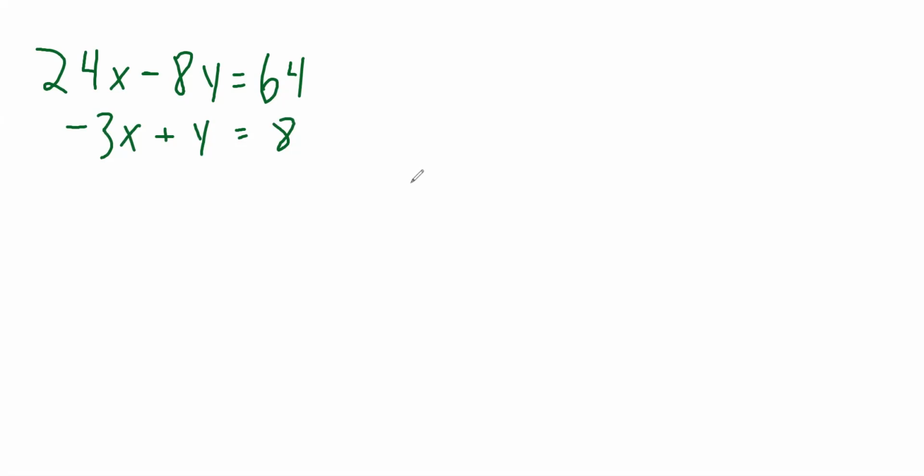So what we can do, you could try solving this with substitution if that's your fancy. Let's just try elimination, just because elimination is usually the preferred way to do it. Elimination has a lot of wonderful properties about it. If we were to do elimination, maybe we can pick x to be the variable we eliminate. So maybe if we multiply this second equation by 8, you'll see that you'll get -24x, which means you can add it and the x gets eliminated.